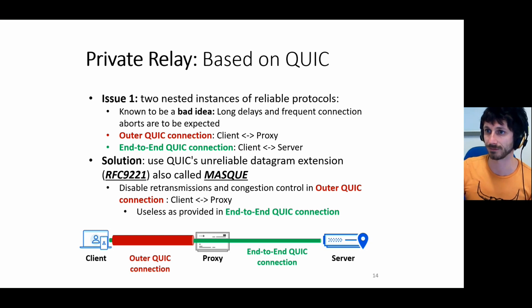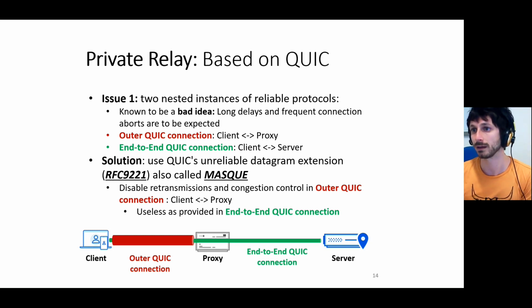So you can turn off retransmissions in QUIC so that the outer QUIC connection between the client and the proxy doesn't retransmit packets, and packets are retransmitted only within the inner QUIC connection between the client and the server. In this way, there is just a single instance of reliable protocol, and you solve the issues I said before.